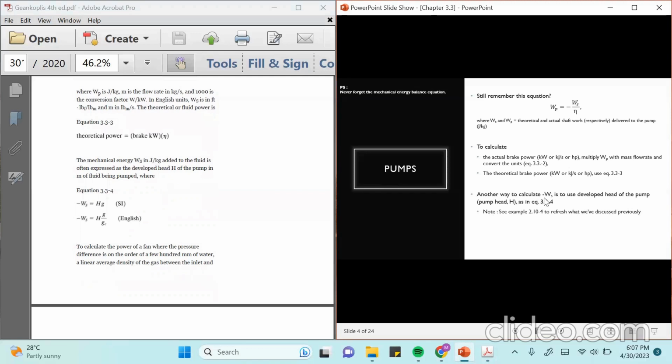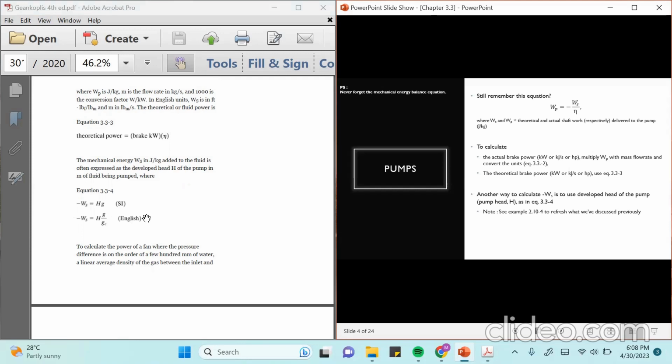Another way to calculate the minus WS, or the theoretical shaft work, is to use the developed head of the pump, or pump head, the term H as in equation 3.3-4, because some suppliers use the term brake power, but some suppliers also use the developed head.